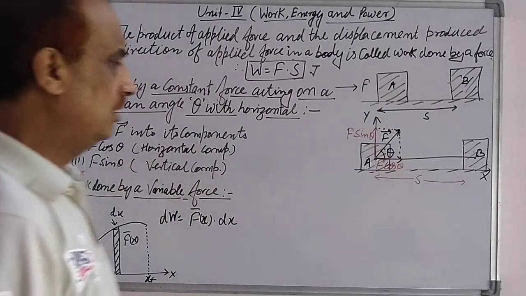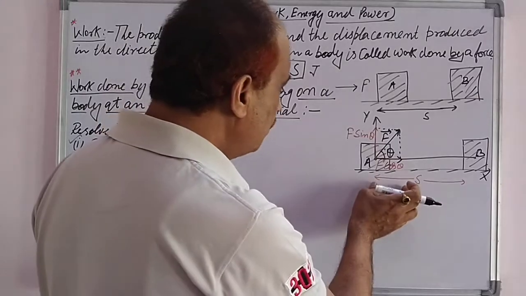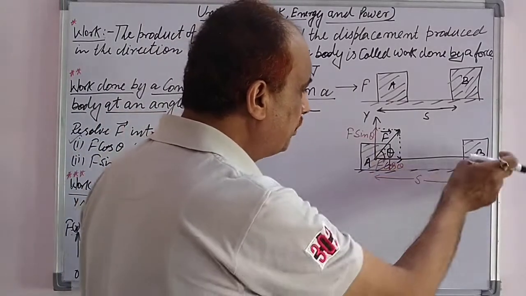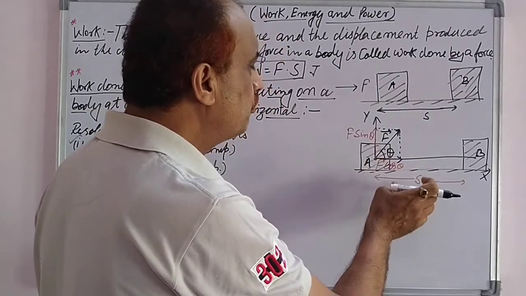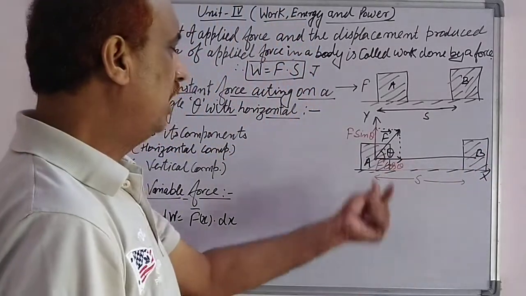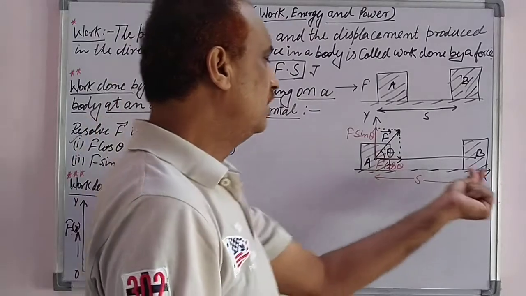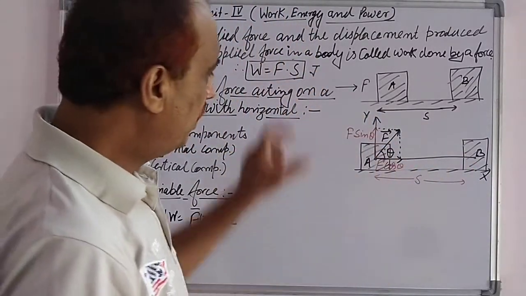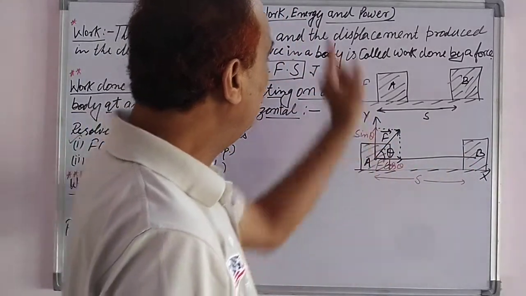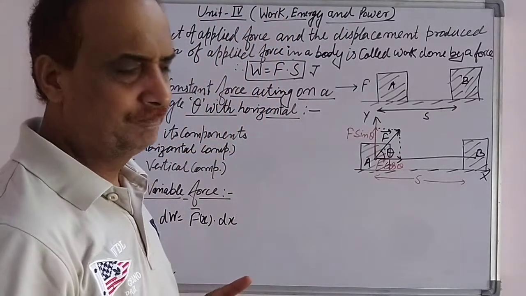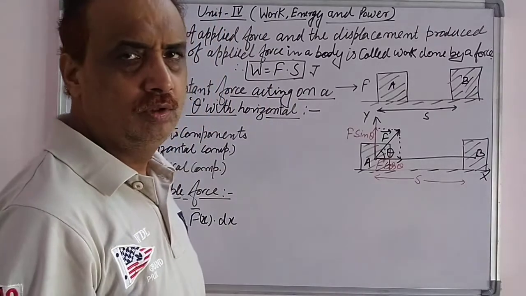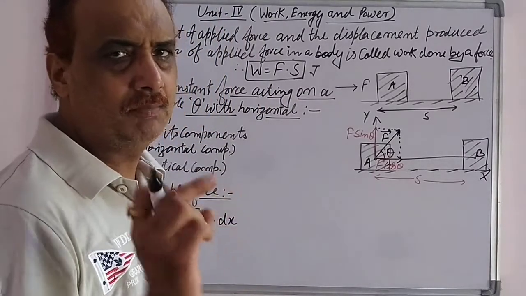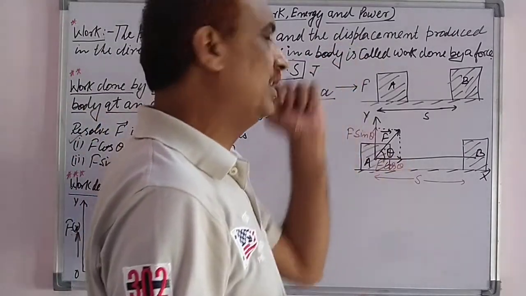Now in that situation, F cos theta is acting in the direction of displacement produced in the body. It means this component helps to produce a displacement in the body, and the body is displaced from the point A to the point B. But F sin theta, which is acting in the vertical direction, does not play any role in producing a displacement in the body, because it is acting in the upward direction.